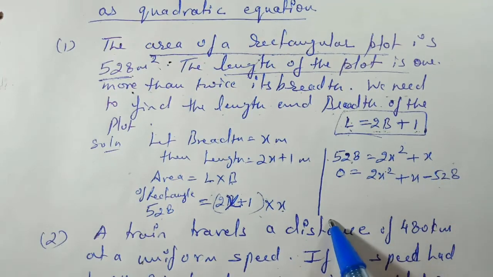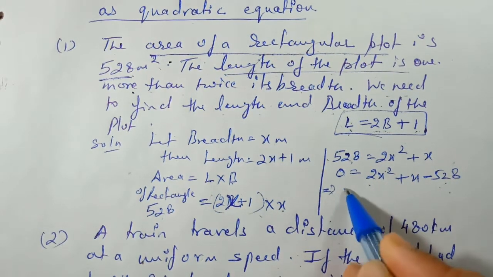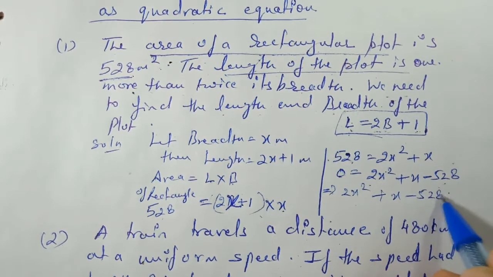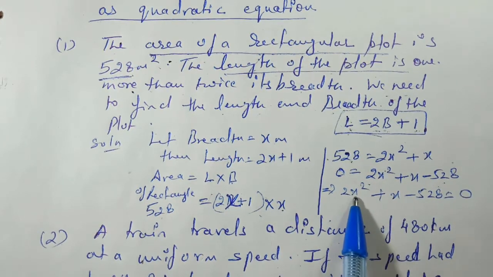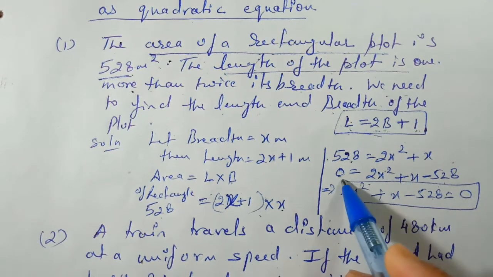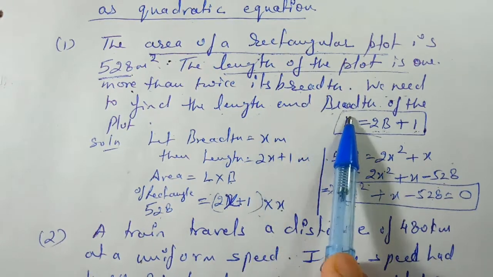So let us reverse the sides: writing it on the left-hand side and 0 on the right-hand side, we get 2x square plus x minus 528 equals 0, in the general form of a quadratic equation, first the term with power 2, then power 1, then the term without the variable. This is the required quadratic equation on the basis of which we can find the length and breadth.